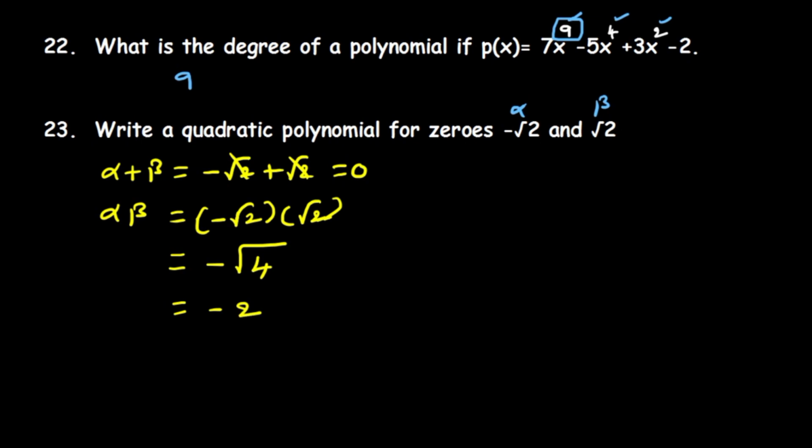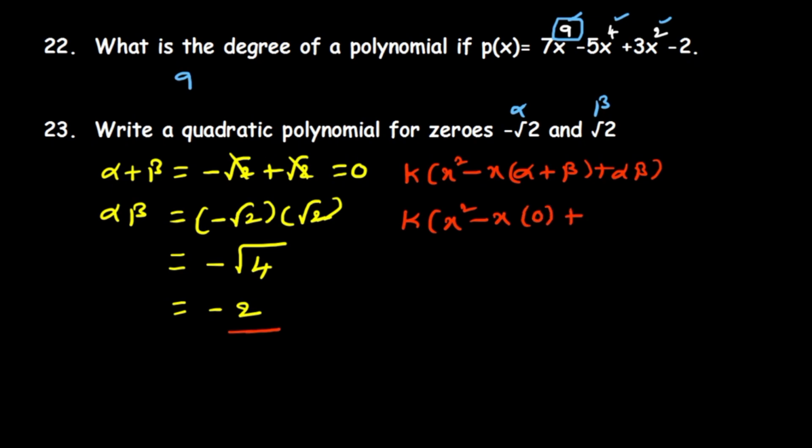Now the formula: k into x square minus x into alpha plus beta plus alpha beta. So k into x square minus x, what is alpha plus beta? This is 0. Plus alpha into beta is minus 2.